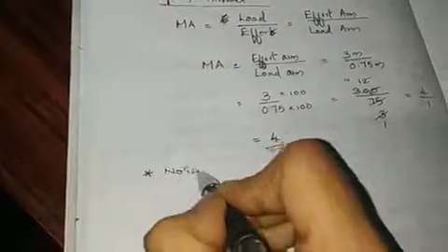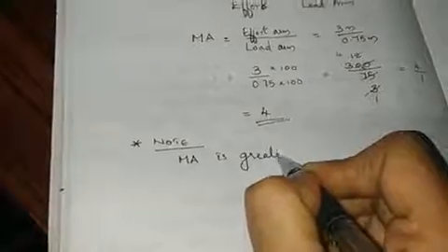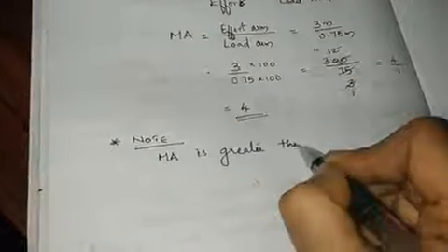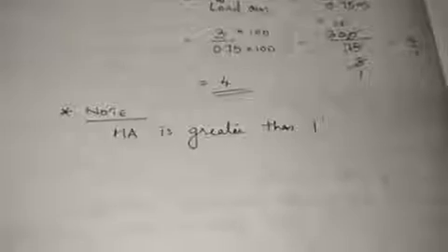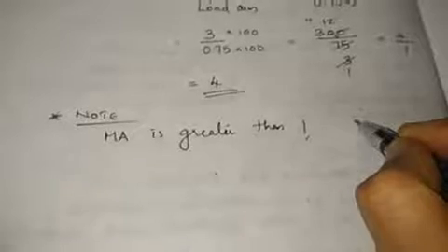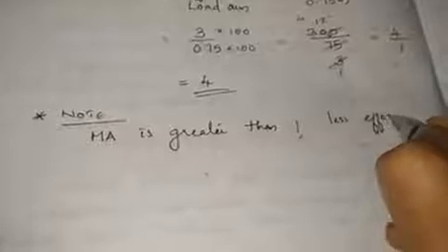Okay, please put a star and write there. If the mechanical advantage is greater than 1, we can say less effort is needed.